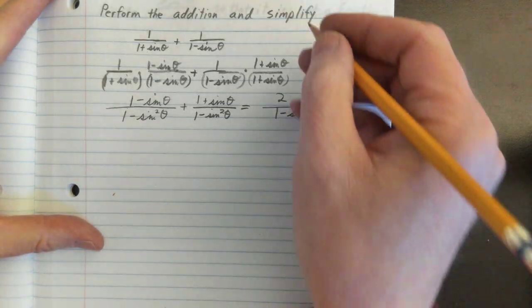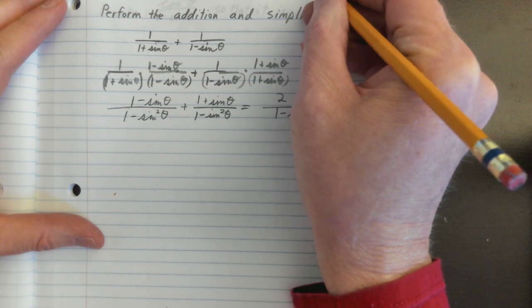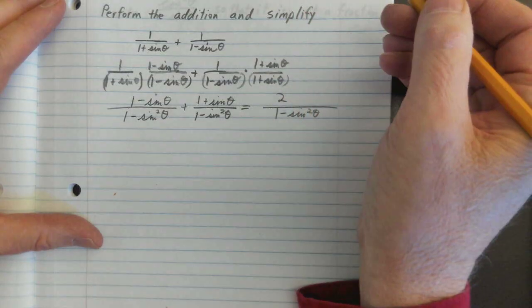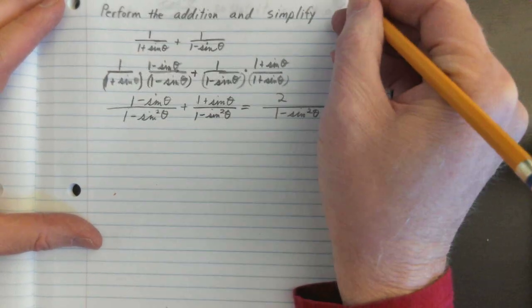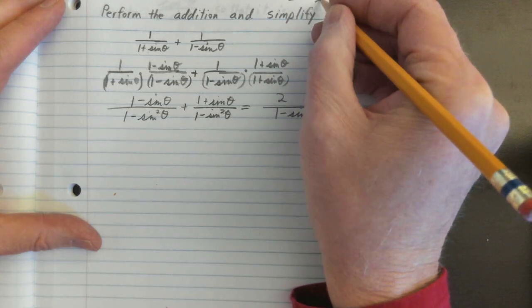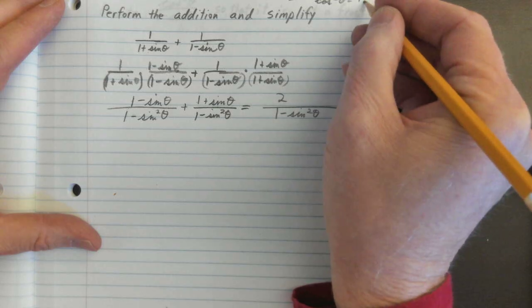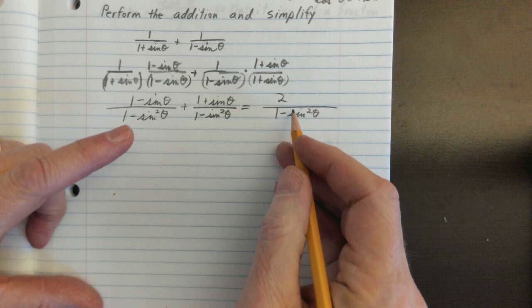All right. And remember, sine squared theta plus cosine squared theta is equal to 1. If I subtract sine squared theta from both sides, I've got cosine squared theta equals 1 minus sine squared theta. All right, which is what this is.